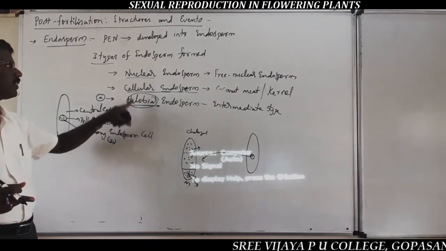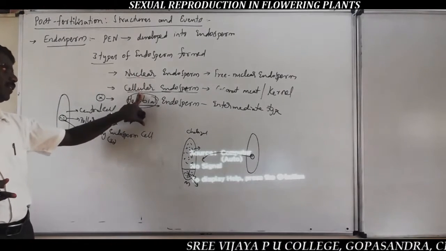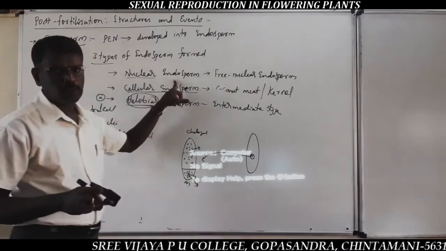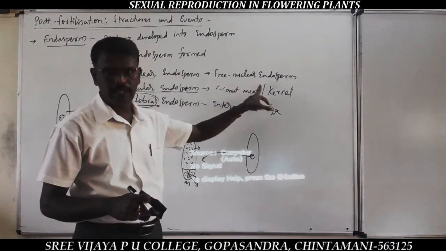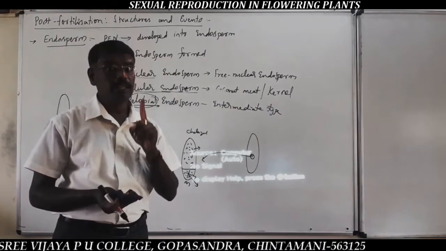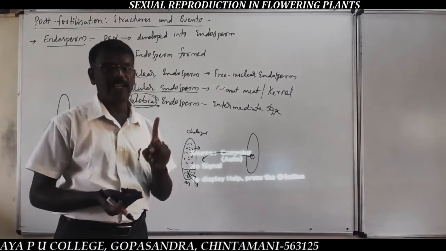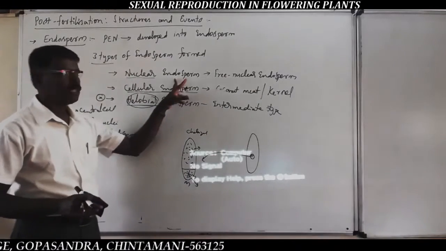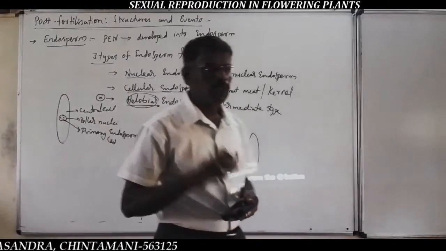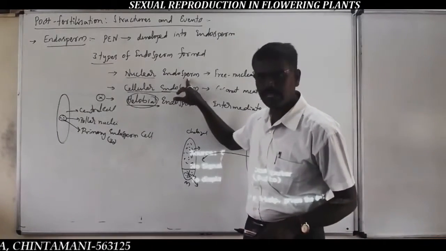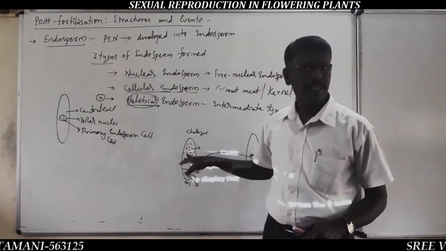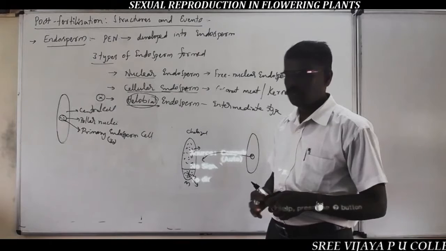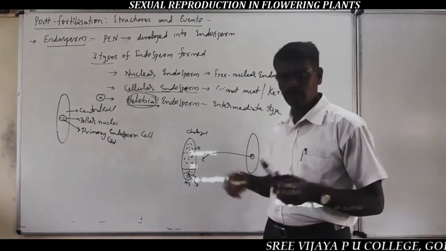So as we discussed, the nuclear endosperm and cellular endosperm. Nuclear endosperm is also called free nuclear endosperm because the primary endosperm cell nuclei divide without cross wall formation. Those primary endosperm cells divide a number of times, leading to formation of multinucleate endosperm. Only one cell, with a number of nuclei.